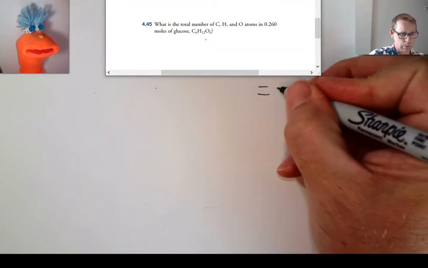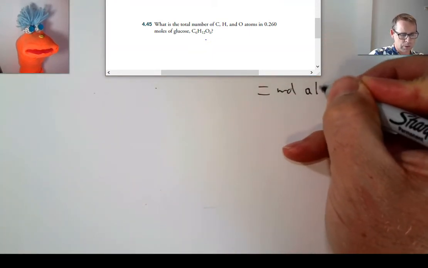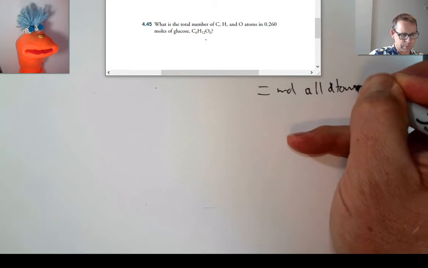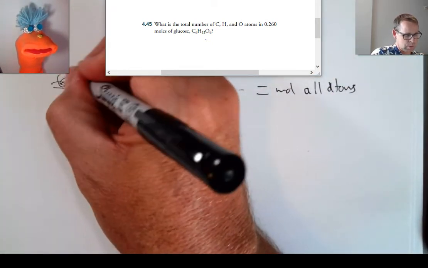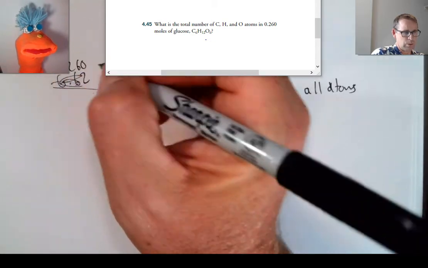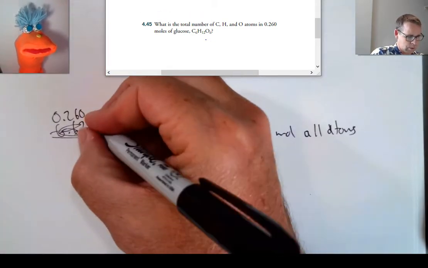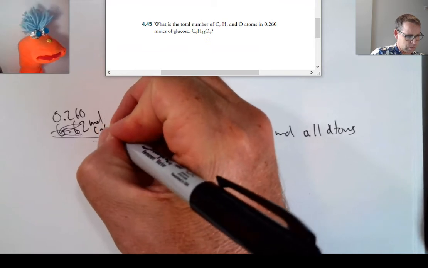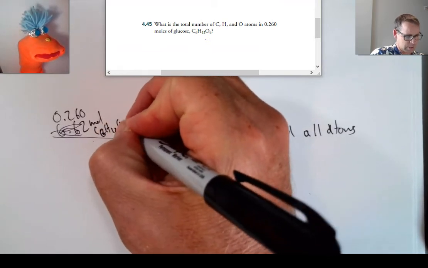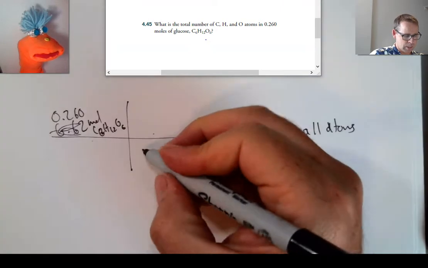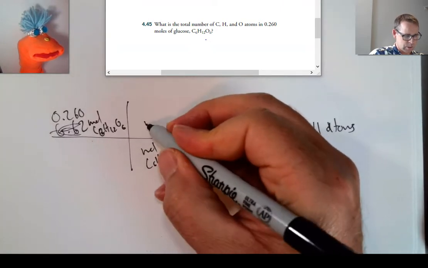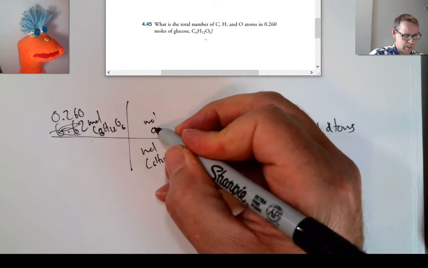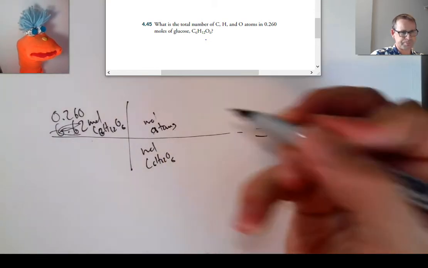Okay. The other way to do it will be just kind of exactly the same, but all in one, where we go for moles of all the atoms, for example. And we start off with 0.260 moles of C6H12O6. And then I could go from moles of C6H12O6 to moles of atoms, right?